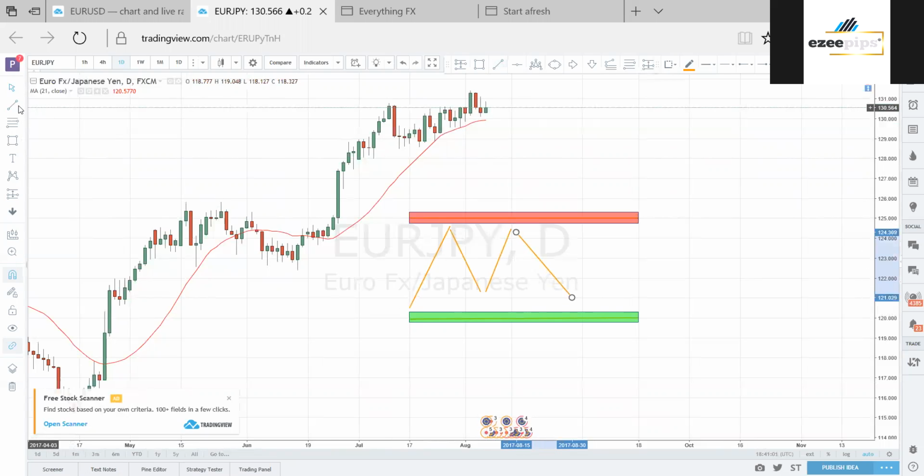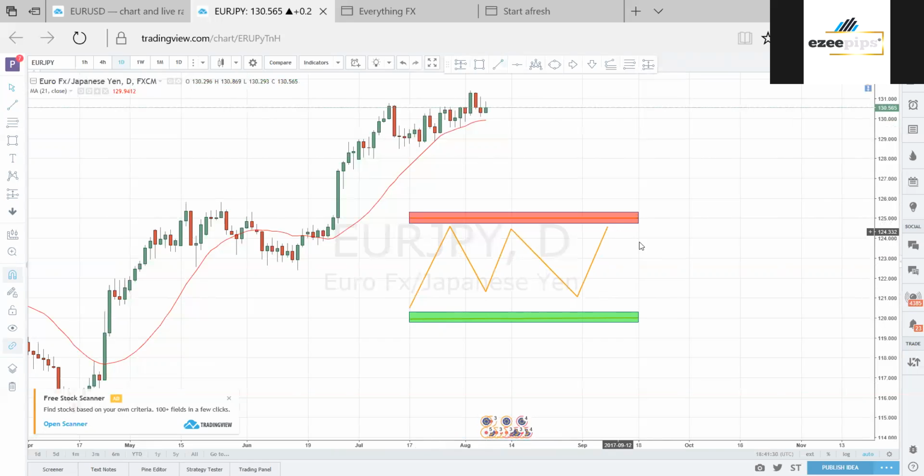And just finish with this, and up. Now let me add this up so it looks tidy. So now this is how market moves. Up, down, up, down, up.